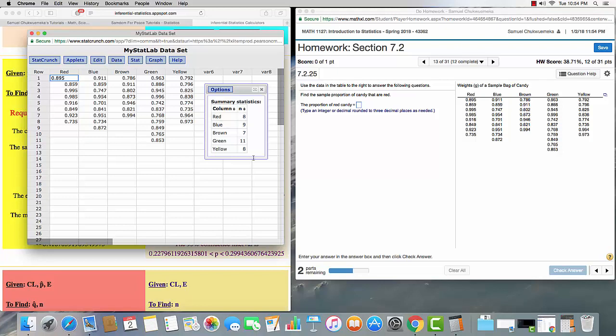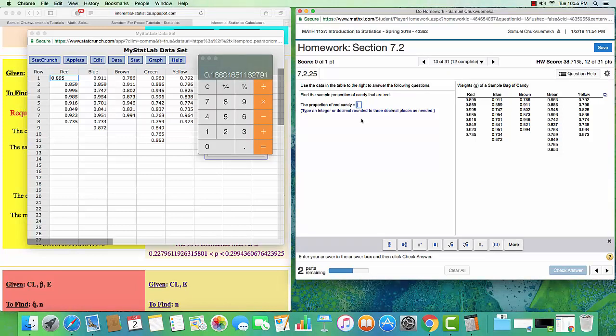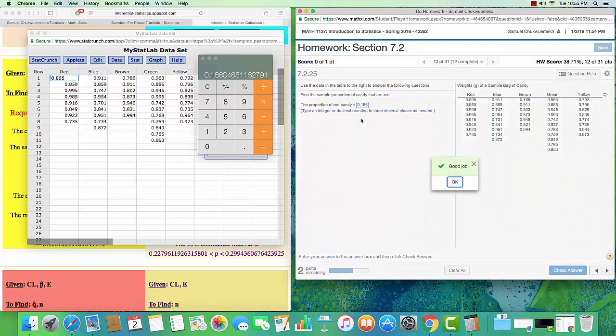So we can add this up. 8 plus 9 is 17. 17 plus 7 is 24. 24 plus 11 is 35. 35 plus 8 is 43. So 8 divided by 43. That's what we need. 8 divided by 43 equals, to 3 decimal places, 0.186. Okay.